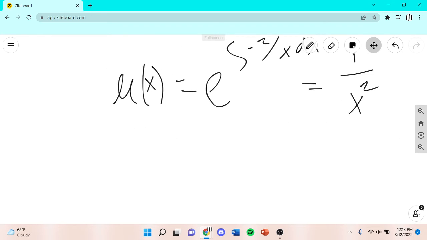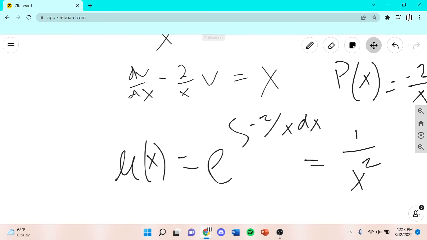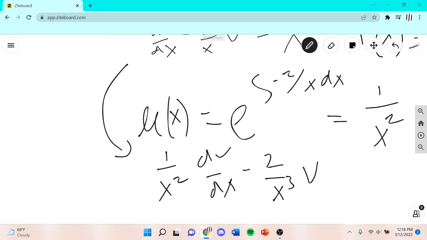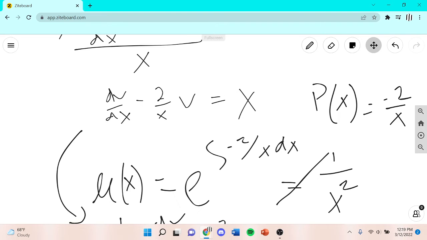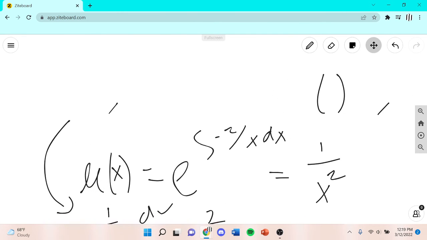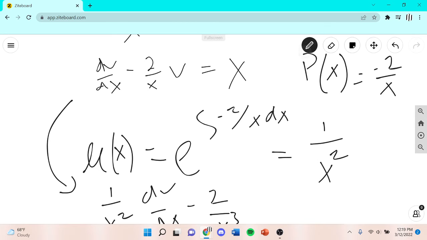So we're going to multiply this whole thing by 1 over x squared. So we're going to say 1 over x squared dv over dx minus 2 over x cubed v is equal to 1 over x.